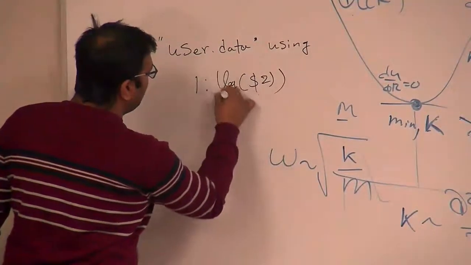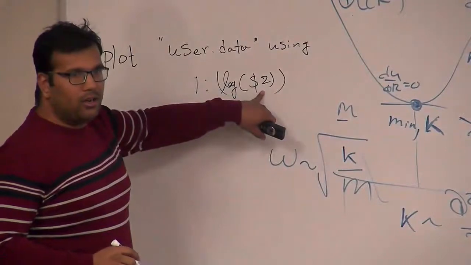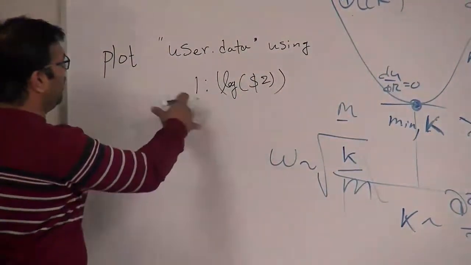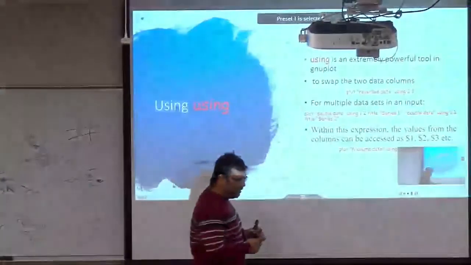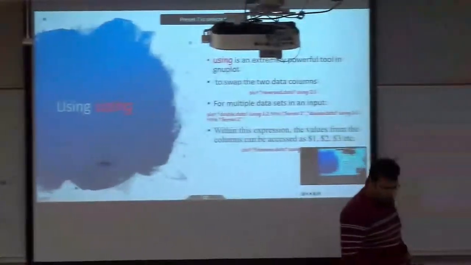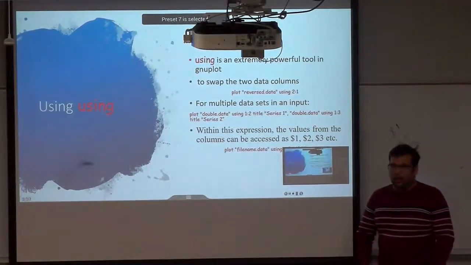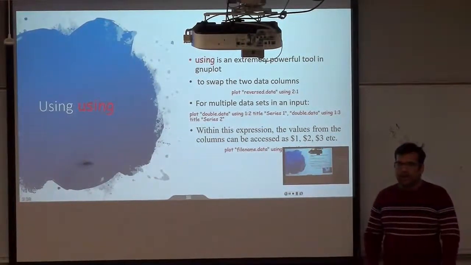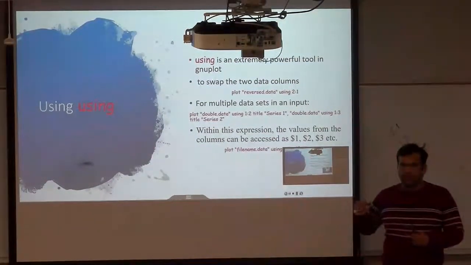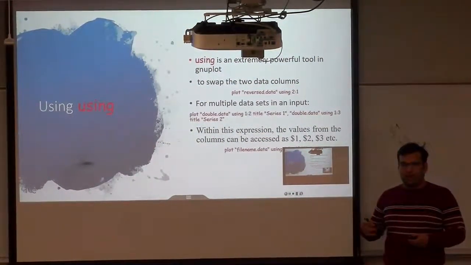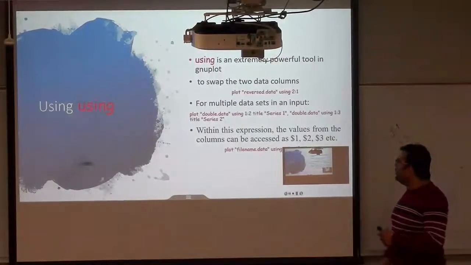So it will take the logarithm of the second column, and then it will plot it against the first column. These are pretty useful tools, and there are many other commands we can use, whatever we want, we can just search online. I am just giving a brief introduction to this software, and if you want, you can search online what command you need for your purpose.